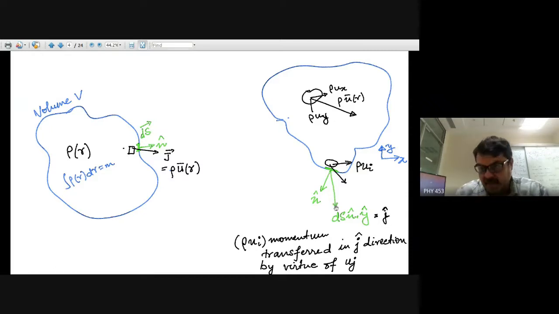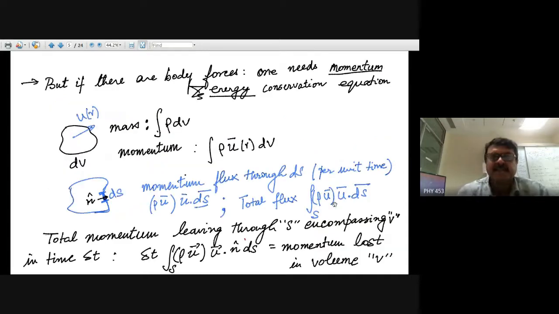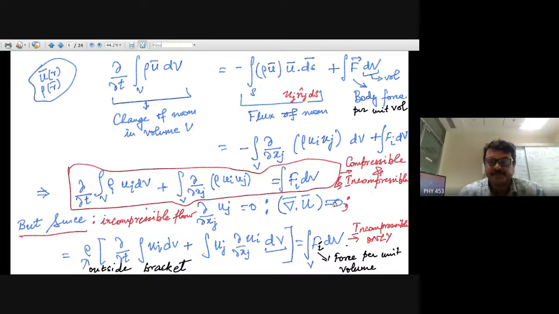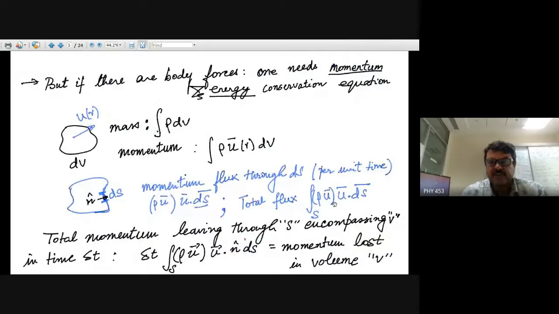So momentum in the x direction is flowing in the y direction, and that essentially is captured through this term, where if you take one component of x momentum, it is flowing in the x direction, in the y direction, and in the z direction. And this of course is a tensor, right?